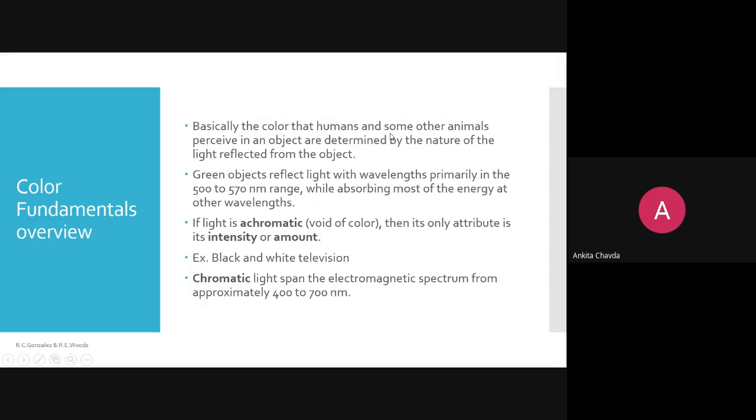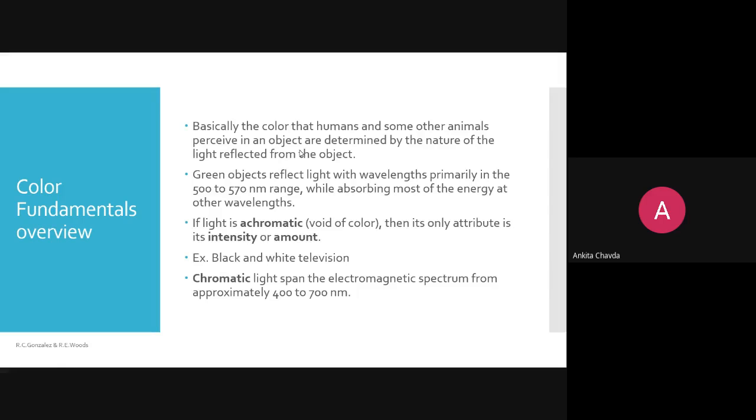Basically, the color that humans and some other animals perceive in an object is determined by the nature of the light reflected from the object, because some of the objects are absorbing the color, some of the objects are reflecting the colors. So based on that reflection and absorption, the color will be generated and the human eye can see that color, right? So this is what you know already in your physics.